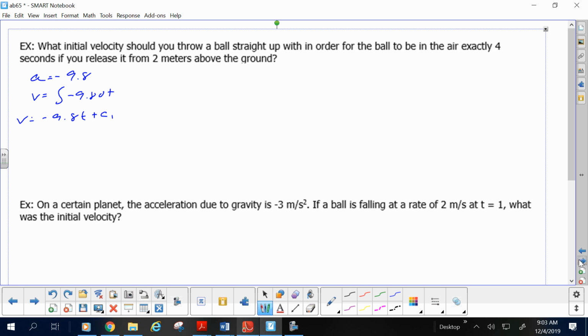Leave C1 as C1 for a second and go on to the height, okay? When you integrate, it is a constant, so treat it like a constant. So your antiderivative should be C1t.